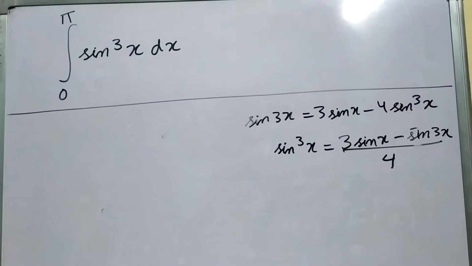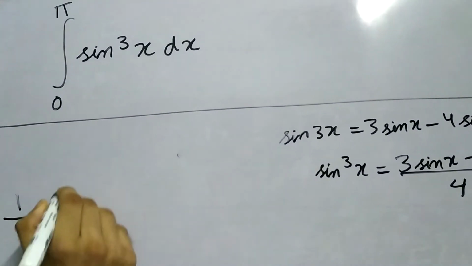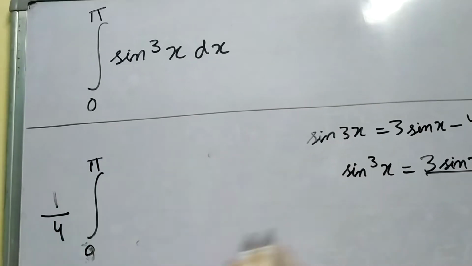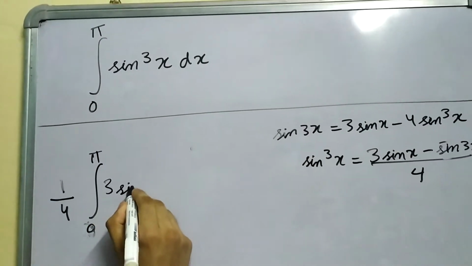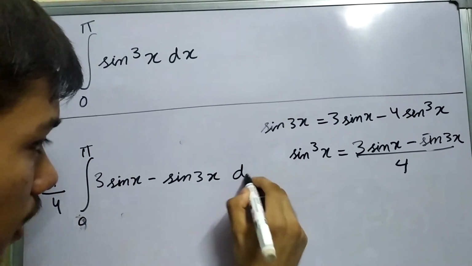We'll see how. So 1 by 4 goes out of the integral, and you're left with the integral from 0 to pi of 3 sine x minus sine 3x dx.